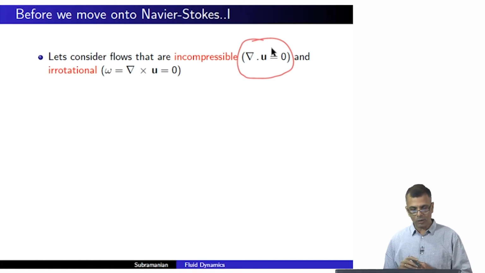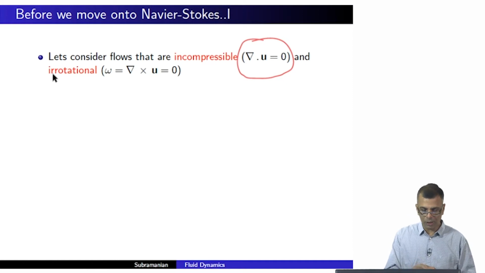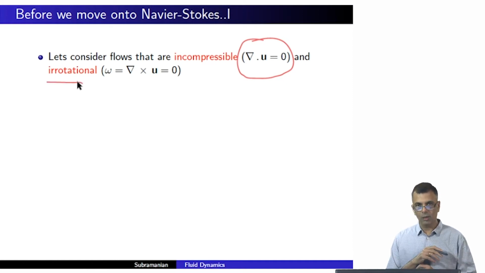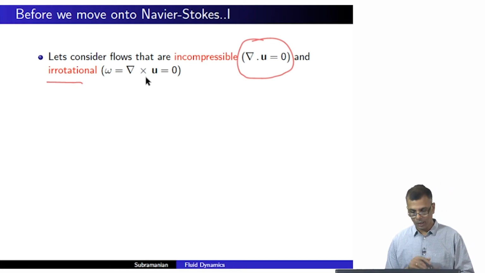And let's also consider flows that are irrotational. In other words, the vorticity, which is defined by the curl of u, is 0. I will say that an irrotational flow is one which is inviscid. Why? Well, let's look at it.